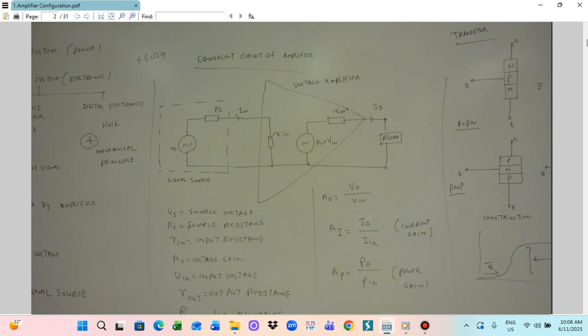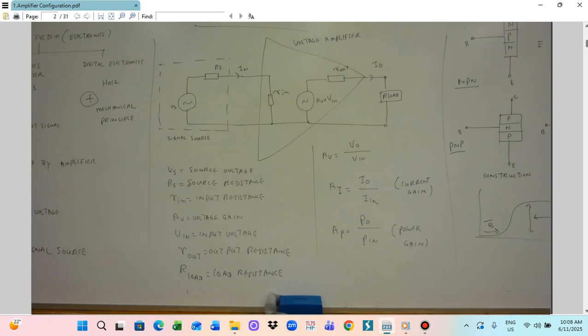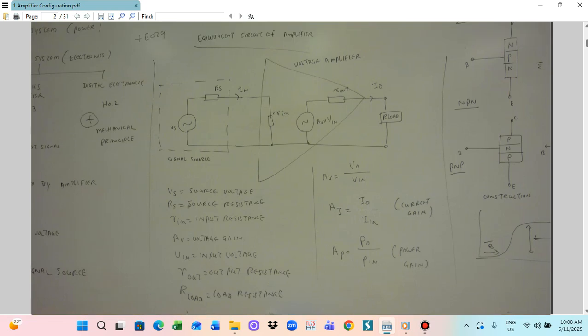AV means the voltage gain. VA means the input voltage. RO means the output resistance. R load means the load resistance. So those are the equivalent circuit for the amplifier.